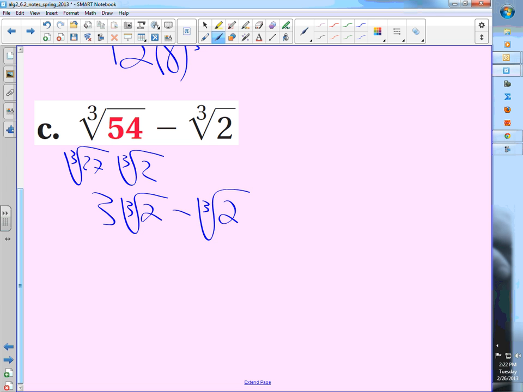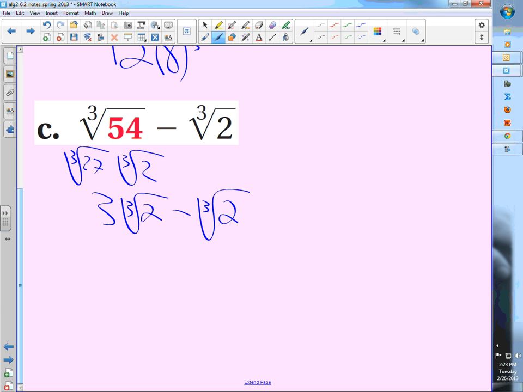That's what a lot of people will do today. They'll say, oh, that's 3. The cube root of 2's are gone. 3 hot dogs, take away 1 hot dog, you just have the number 3 floating in front of you. You got nothing to eat, right? If you had 3 hot dogs and took away 1 hot dog, you'd have just a 3 floating there, right? What would you have? 2 floating there? 2 hot dogs.